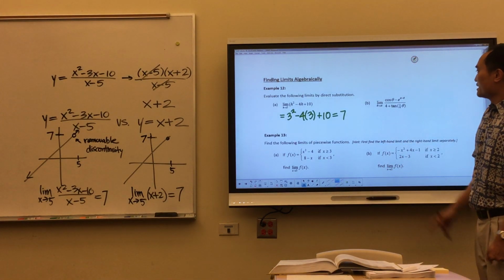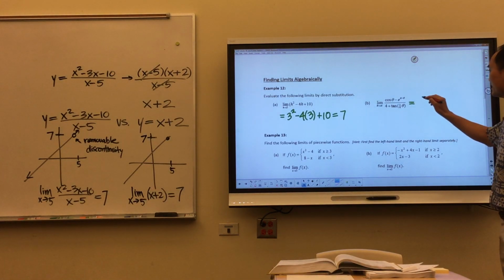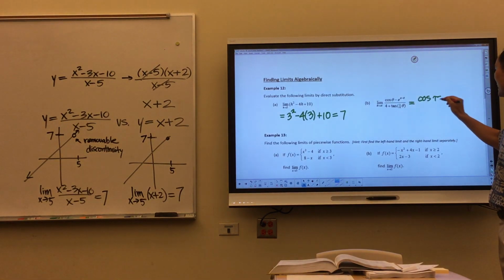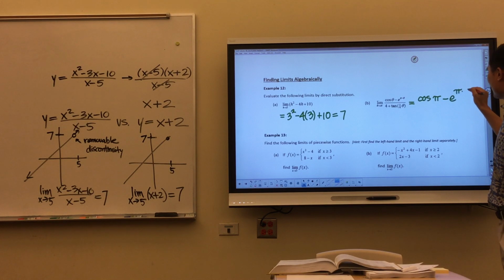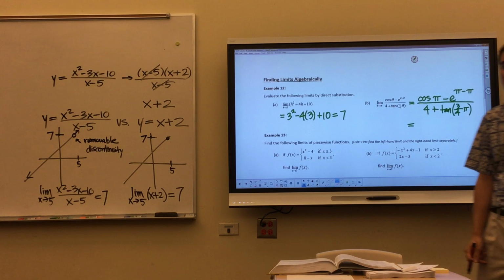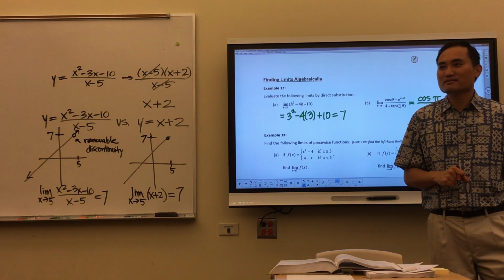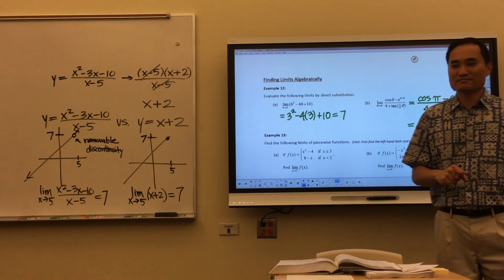Okay. This one, same thing. We're going to just plug it in. So cosine pi minus e to the pi minus pi over 4 plus tangent of 3/4 pi. Now I put this in here so that it's a reminder to you that you need to know your trig values right away.